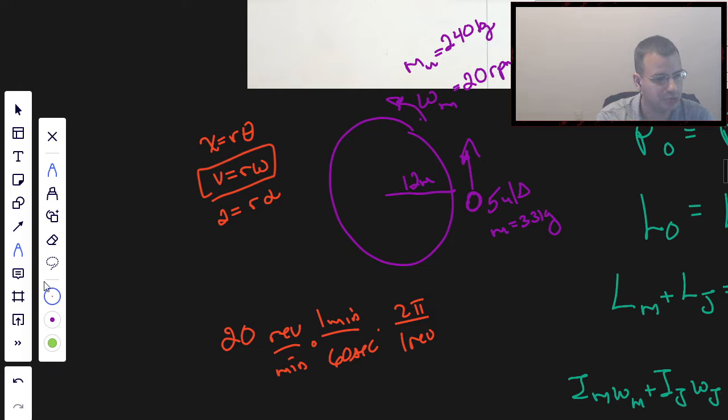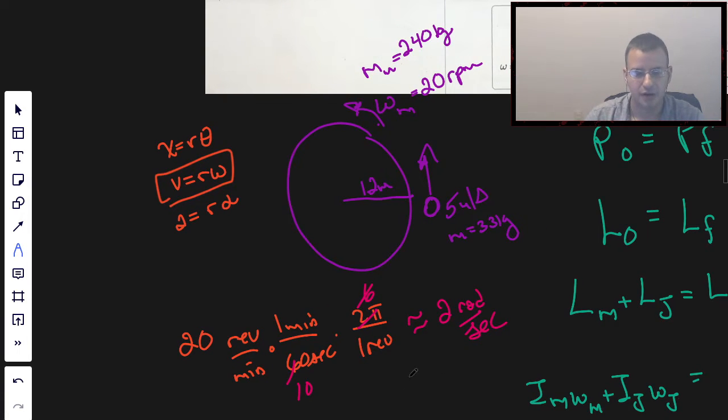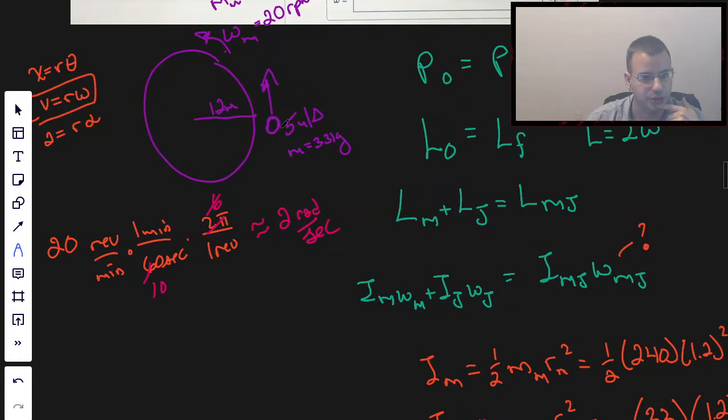Pi is pretty much 3, so 2 times 3 is 6, and this gives us about 2 radians per second. You should probably plug in 3.14 for pi; calling pi 3 is a little excessive. But we're not going to, because I think we can get away with not doing it.